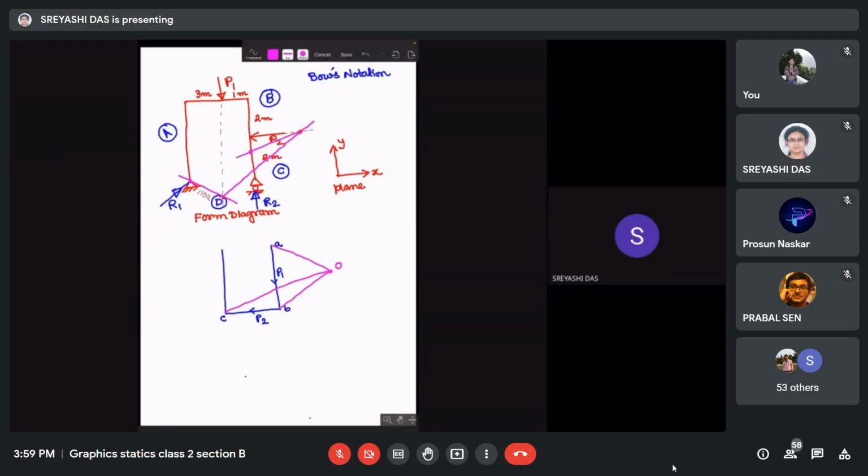This is the point where it will cut. So we can erase this part.